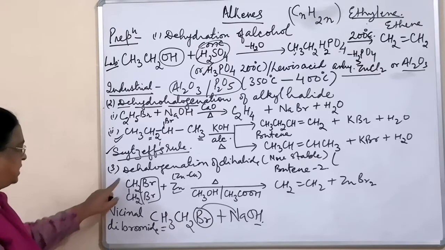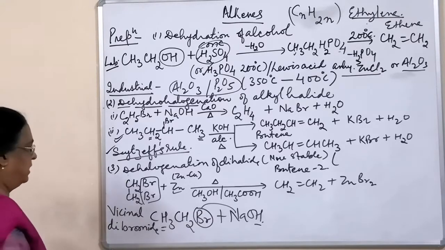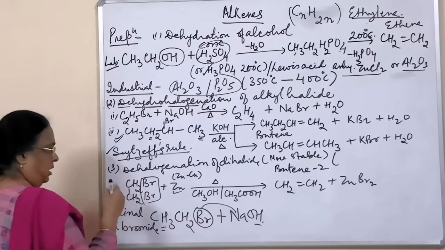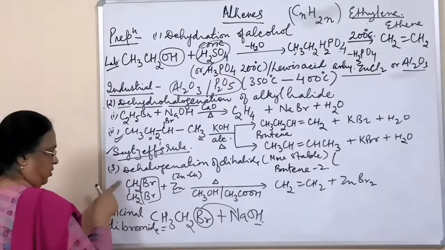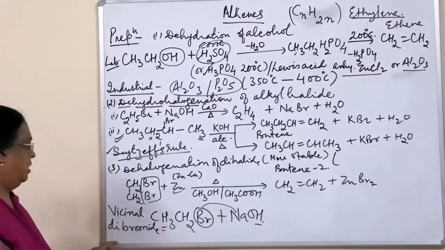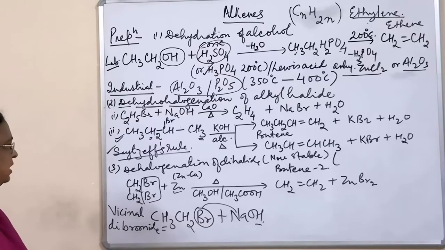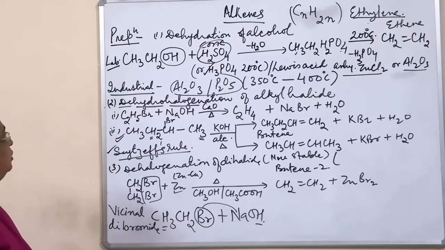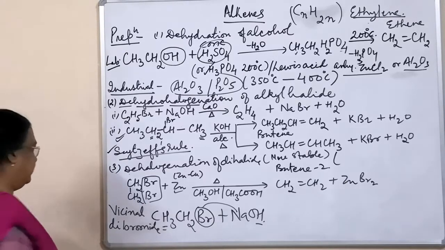Now when it is on the same carbon, it is geminal. When both bromines are on the same carbon, then geminal. And when they are on adjacent carbons, the term is vicinal. So this is also called vicinal dihalide or simply vicinal.